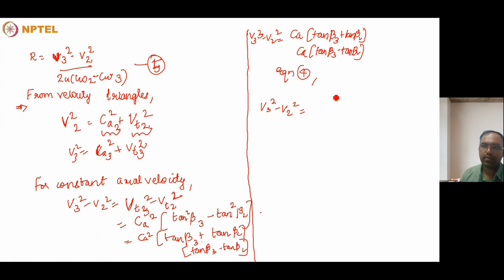This can be written, from the velocity triangle, in terms of the tangential component of the relative velocity. So it can be written as VT3 plus VT2 into VT3 minus VT2. So we can represent V3 squared minus V2 squared, the difference of the relative velocity squared at the exit of the blade and the inlet to the blade.